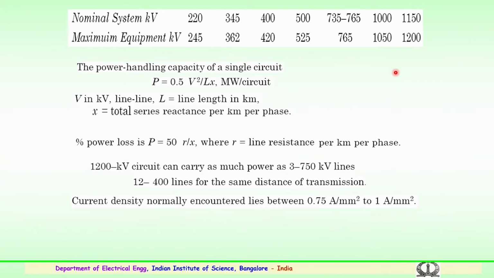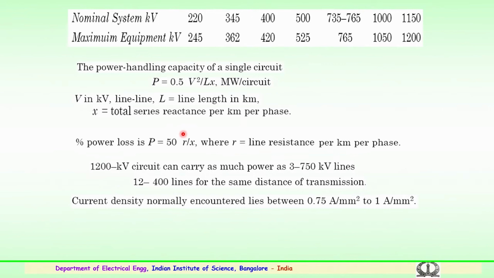The power handling capability of a single circuit, that is one tower consisting of 3 conductors, R, Y, B phase in a single tower, is given by the empirical formula given here: P is equal to 0.5 V square by L X. This is in terms of megawatt per circuit, where V is in kilovolts, L is the line length in kilometers, and X is the total series reactance per kilometer per phase.